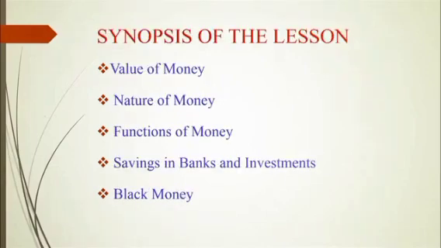Synopsis of the lesson. In this session, we are going to see the following topics. The first one is value of money, next nature of money, then functions of money, then savings in banks and investments. Finally, we have black money.